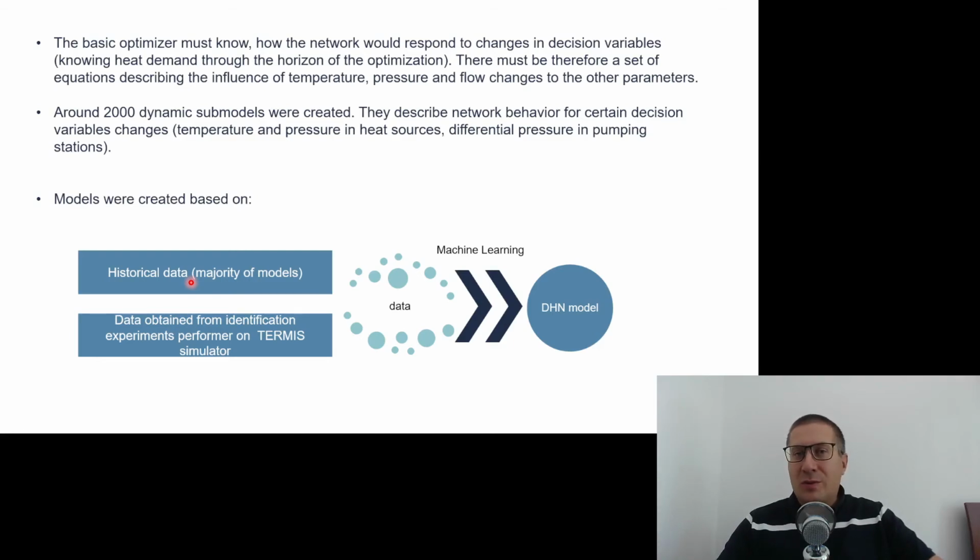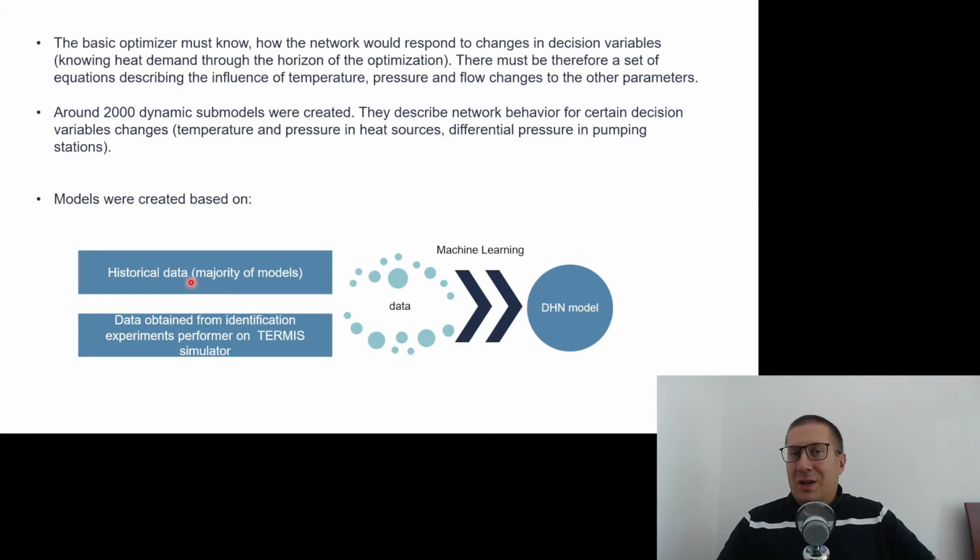So one of the problems with the data in this project and in many other projects is that the variation of data is not enough. Some parts of the solution space are not covered by the data.